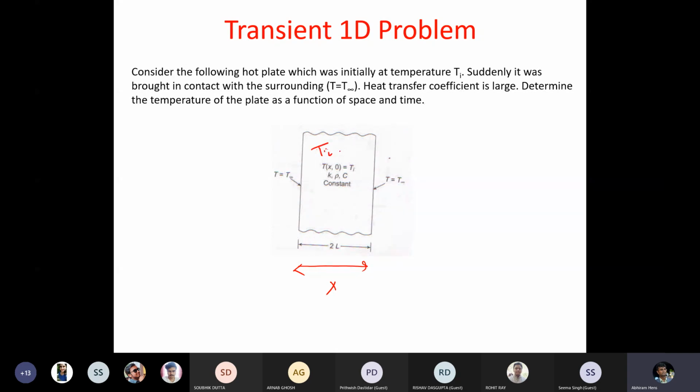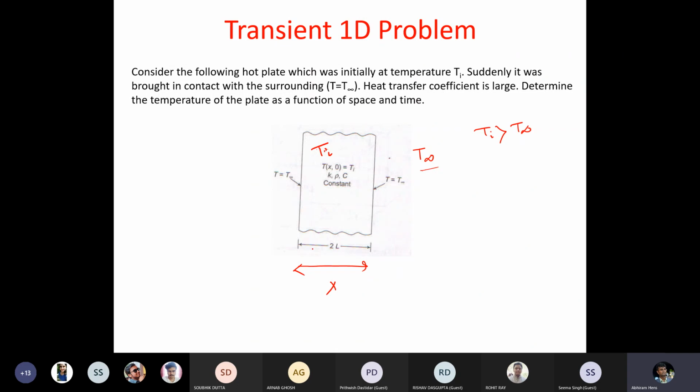Now you are submerging this plate into another fluid domain, which may be gas or liquid, where the surrounding temperature is T infinity. So your plate is at initial temperature Ti at all the points, and you are keeping it in a second fluid medium where the surrounding temperature is T infinity. If I consider that Ti is greater than T infinity, then cooling will take place, right?